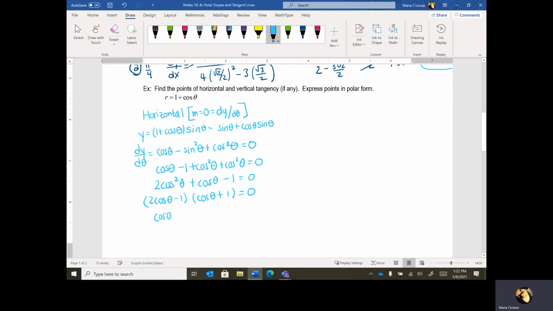So I need to know when cosine is equal to 1/2 and cosine equal to -1. Cosine is 1/2 a couple places on the unit circle, at pi over 3 in quadrant 1, as well as in quadrant 4, so 5 pi over 3. And cosine is -1 at pi.